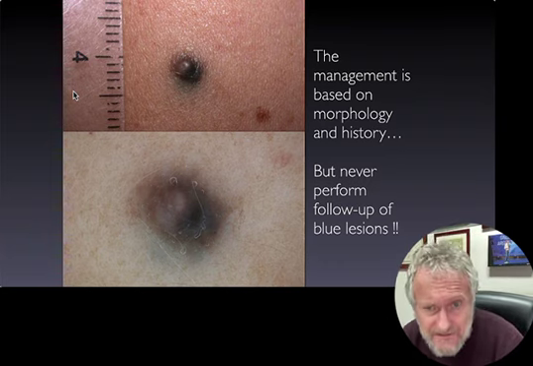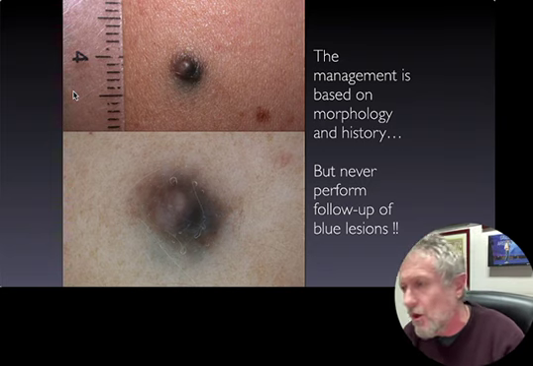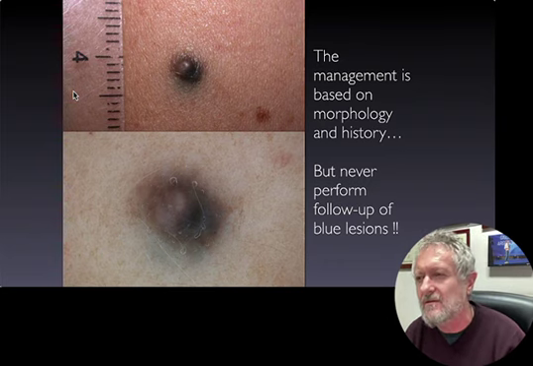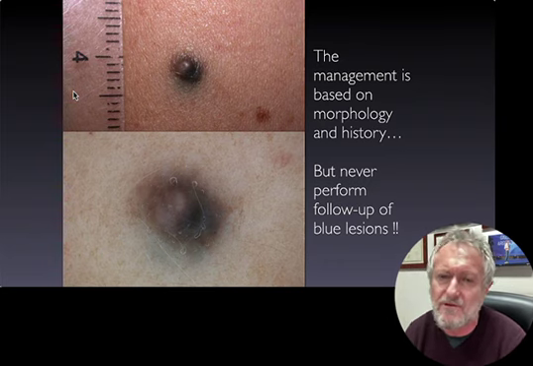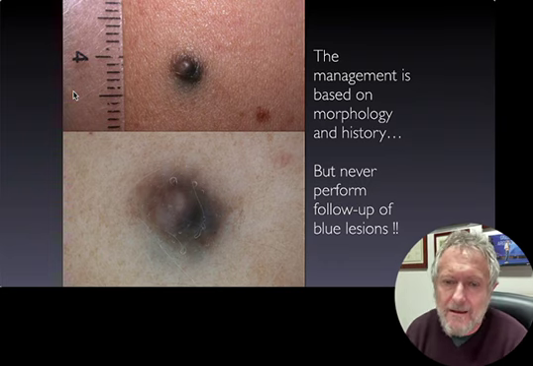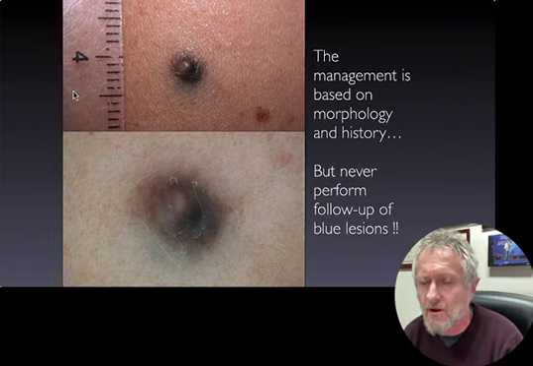Of course, the history can be an additional clue, but please don't give too much importance to history, because history is something subjective and could in some way not be telling the complete truth of the situation.